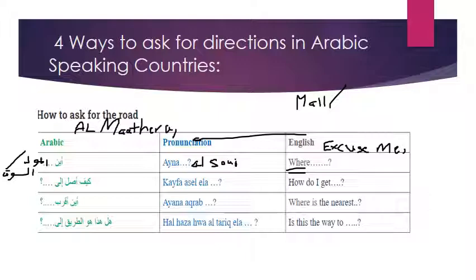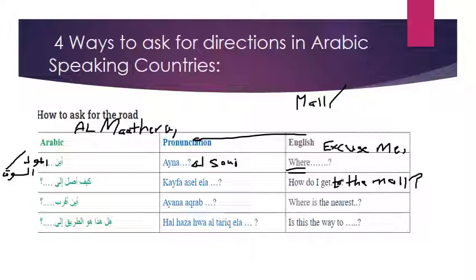Now, there is another way we can ask about the direction of the mall. How do I get to the mall? But of course, I have to start with what? With excuse me.